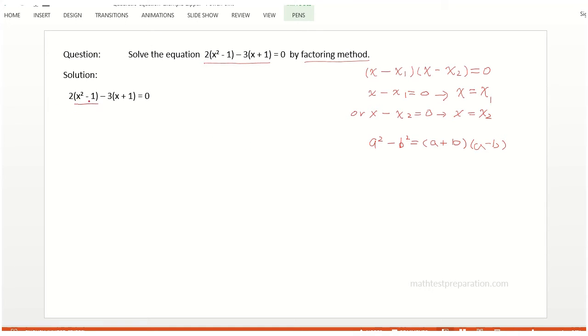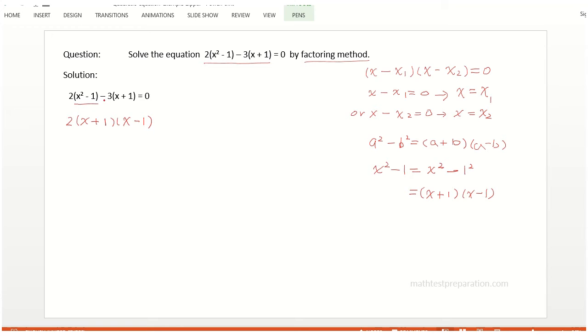So we apply the formula, so which is 2x squared. So x squared − 1 is x squared − 1 squared, which is (x + 1)(x − 1). So this is 2(x − 1)(x + 1).